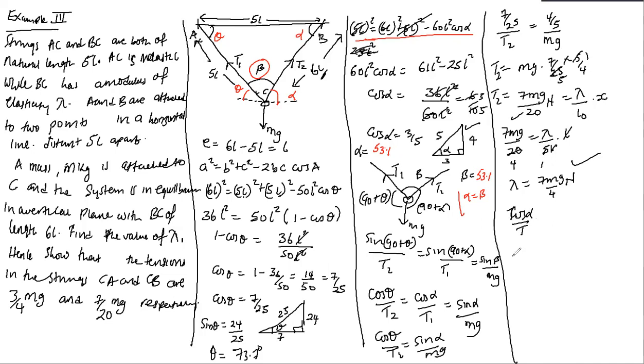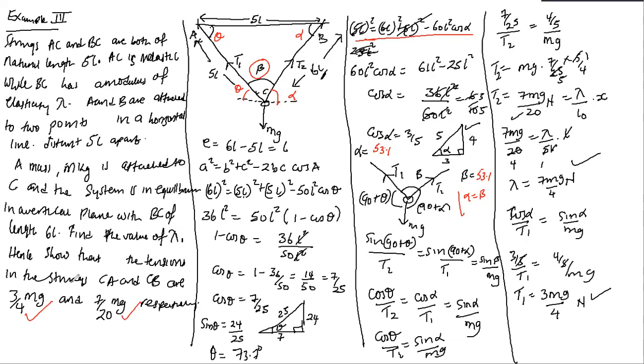Cos alpha is 3 over 5 over T1 is equal to 4 over 5 over mg. When I divide by 5, I'll get T1 is equal to 3 mg over 4 newtons. Hence proof. So you've confirmed already T2 is this, which is in the question as the proof. We have also proved what this one is.